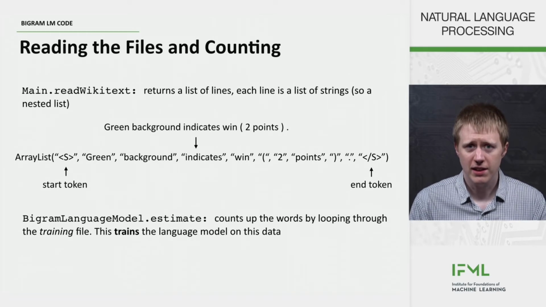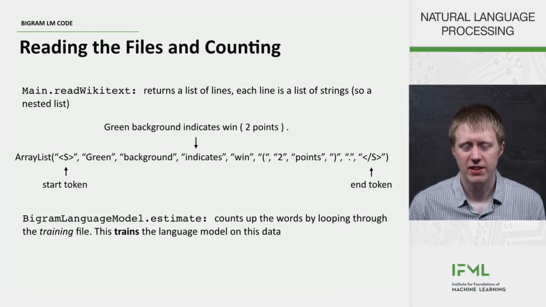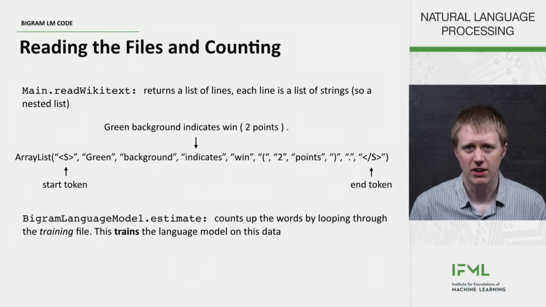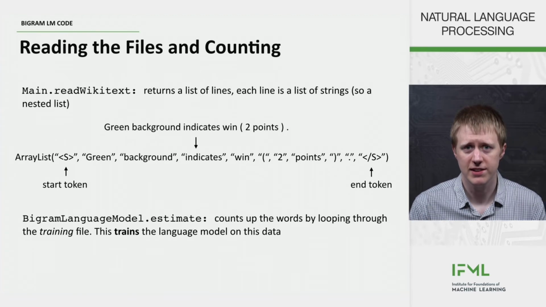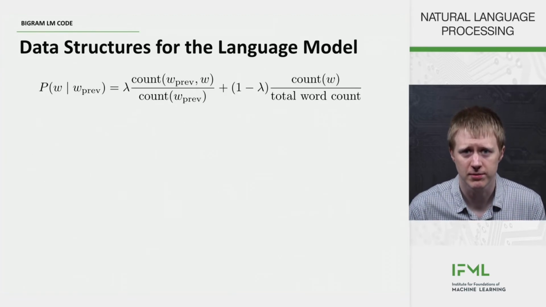The main way that this file gets processed is in BigramLanguageModel.estimate, which is going to count up words by looping through the training file and computing all of the things that we need. We're going to walk through that formula that we saw earlier and see how this counting process allows us to compute these probabilities.